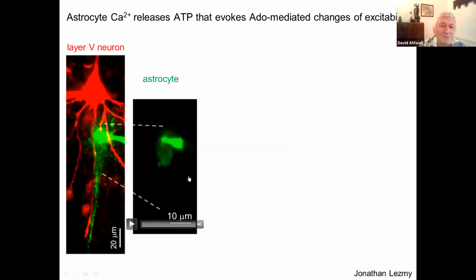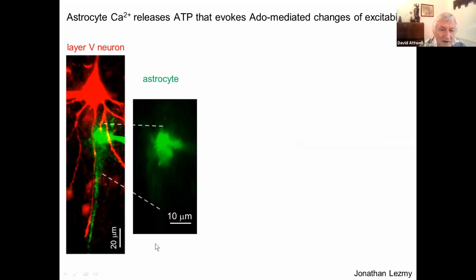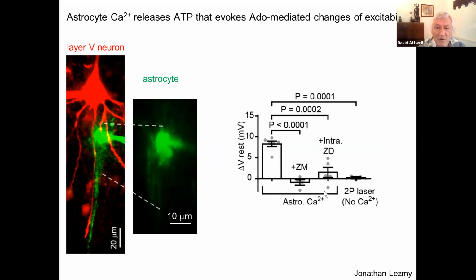And in this case, we now replace the neuronal activity by uncaging again to show that we can raise calcium in these processes here around the axon of this pyramidal cell. And if we do this whilst recording, the membrane potential is depolarized. This is blocked by the IH blocker that I told you about earlier.